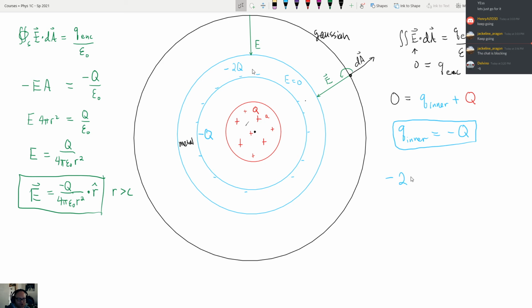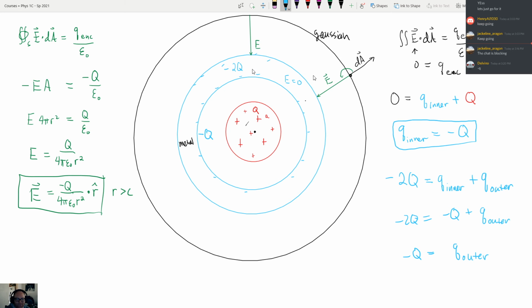The total charge on the shell was negative 2Q, and that should be equal to the charge on the inner portion plus the charge on the outer portion. And we know this is negative Q, so you add that to this side, and you get your answer for how much charge is on the outer surface, basically. Which is going to be, as you all said, just negative Q.